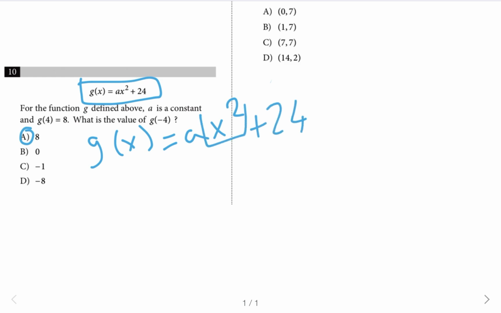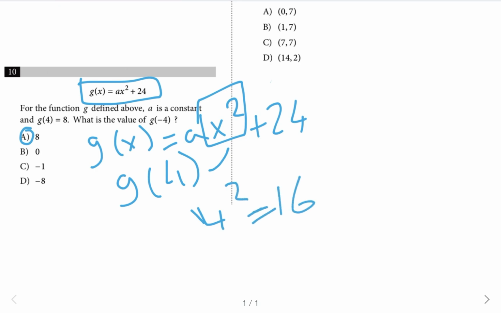And so this x squared is very important because we have to substitute 4 in for x right here. So when we get g of 4, we would put 4 into this x squared. So we have 4 squared is equal to 16, right?